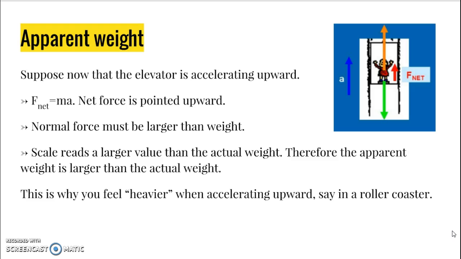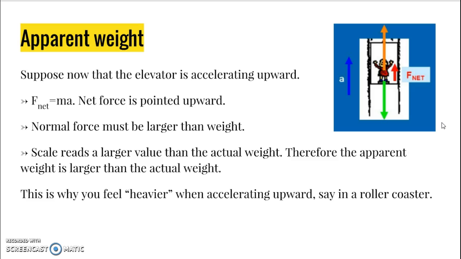But now let's suppose the elevator is accelerating upwards. All right, so here's a diagram of that situation. We have an acceleration, so we have a net force. Because we're accelerating upwards, our net force is going to be pointing upwards, right? Remember that definition from Newton's second law: the acceleration vector and the net force vector point in the same direction. So because of this, our normal force must be larger than our weight.